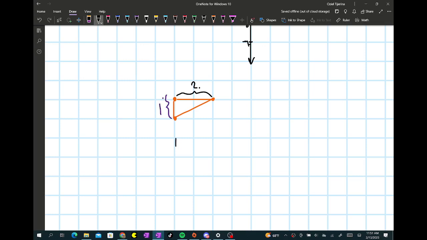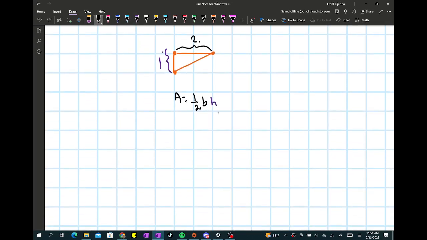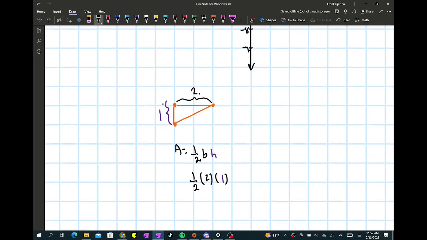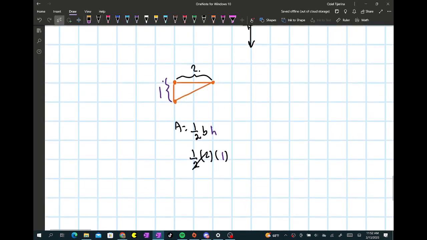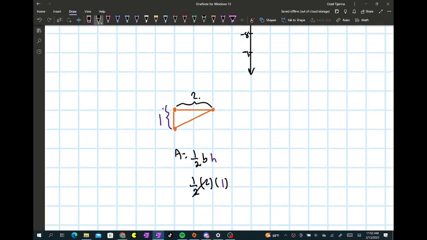So the area is going to be 1/2 base times the height, so it'll be 1/2 times 2 times 1. This cancels out, so we just have 1 as the area. The area for this shape is going to be 1.